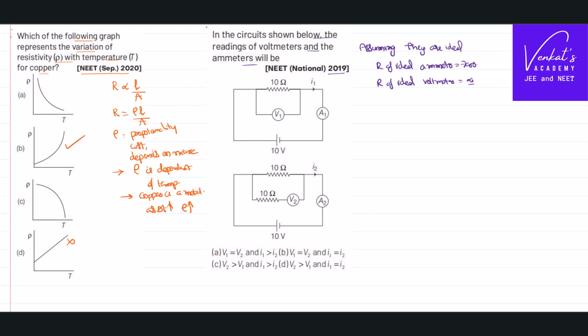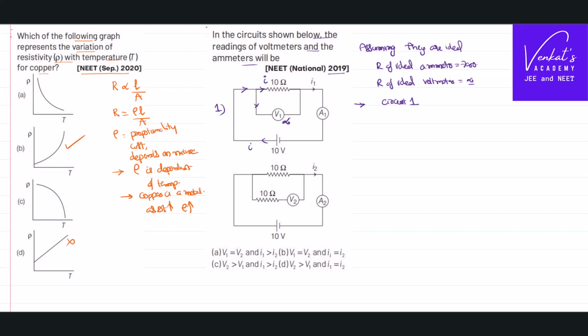Taking those basic things into consideration, let us have a look at circuit 1. I am talking about this circuit. 10 volts generates a current I. That current I, after coming here, is supposed to split, but this voltmeter has infinite resistance, so that does not allow any of the current.